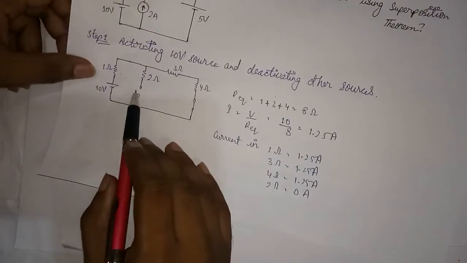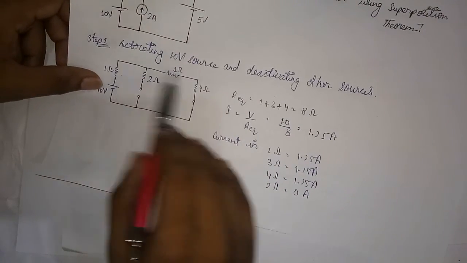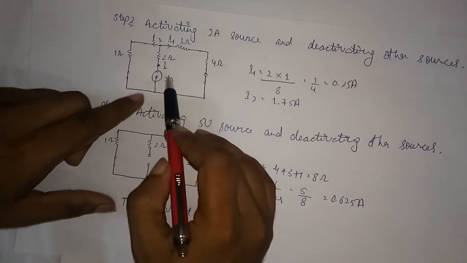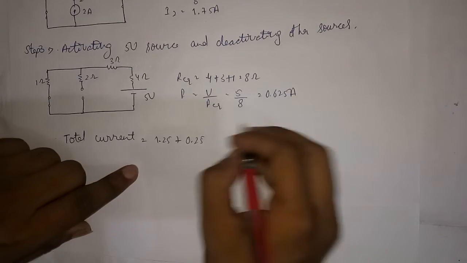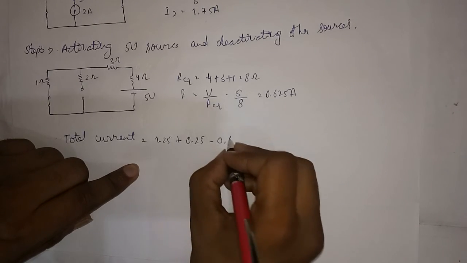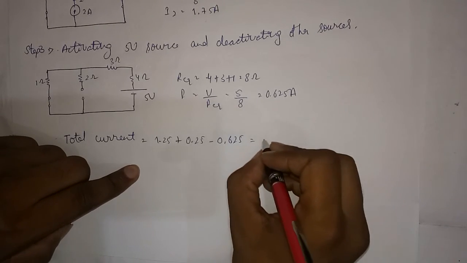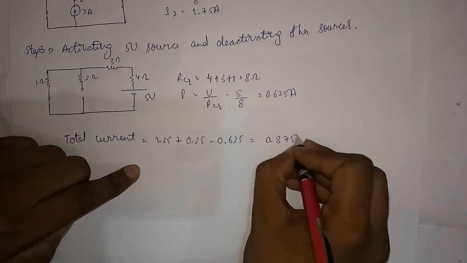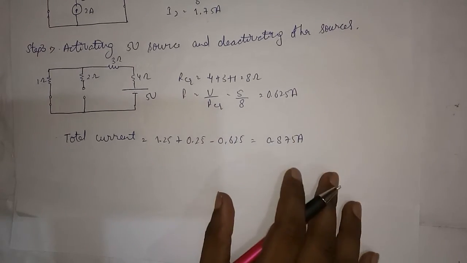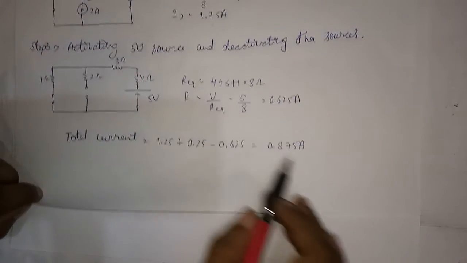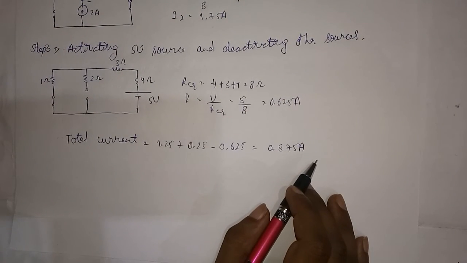In our first part, we are taking current from left to right. Similarly, here we are taking current from left to right, but here the current is moving from right to left. So we will take this current as negative, so minus 0.625, which is equal to 0.875 ampere. So this is the total current in this circuit using the superposition principle.